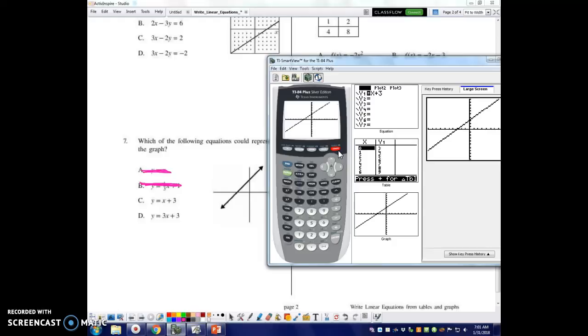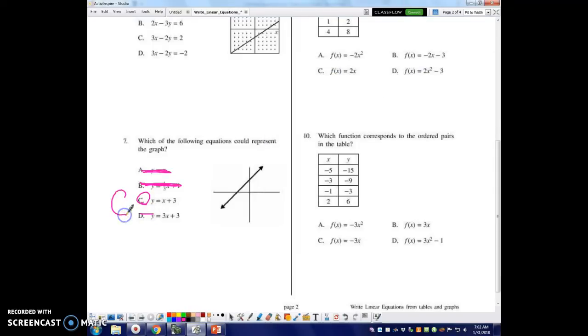Okay, so let's try 3x plus 3. What about that one? Which one do you think matched the best? X plus 3.